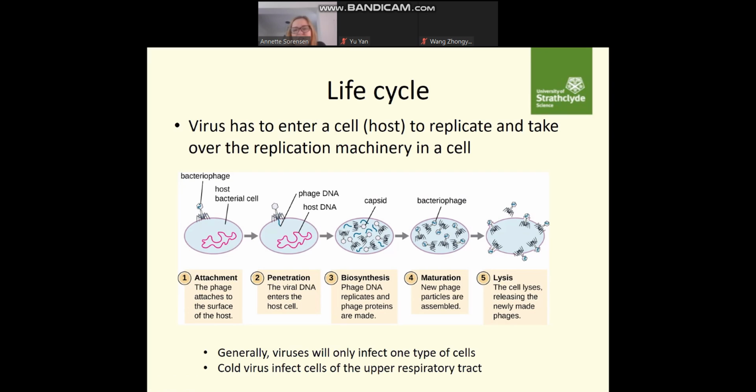That will allow it to start replicating. It will mature, and once the virus is matured, the cell will lyse, and it will release all these newly made viruses, which are then ready to go and infect other cells.